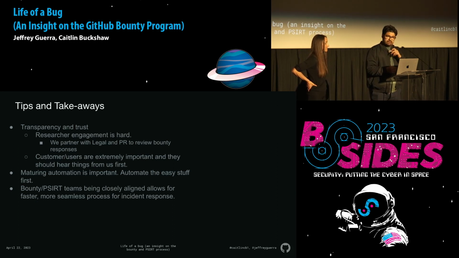Everybody has their own story, their own reasons for bug hunting. And so we try to have a very consistent and transparent process when we work with researchers. Something that looks like is having consistent communication. So we've partnered with legal and PR to make sure that when we communicate with folks, it's consistent and the language is usually the same with all of these.